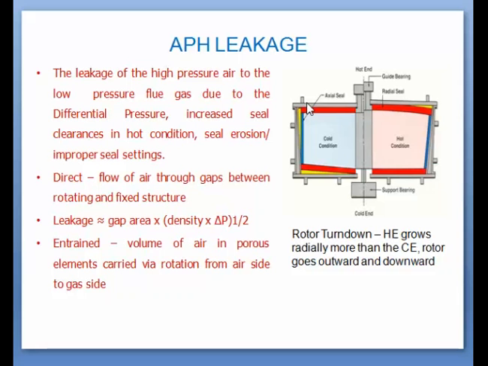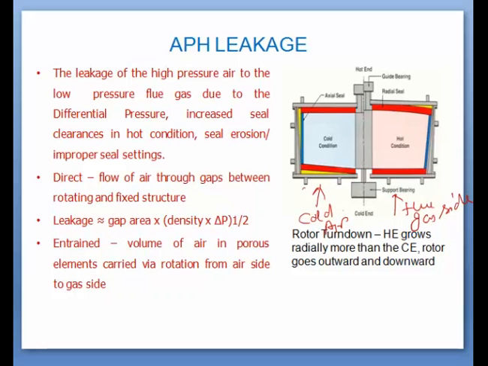That not only affects the performance of the air preheater but also affects the thermal efficiency of the power plant. This air preheater leakage occurs because of the pressure difference between the high pressure of the air side and the low pressure of the flue gas side.